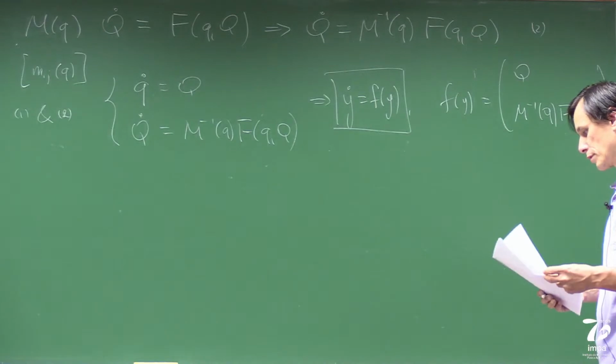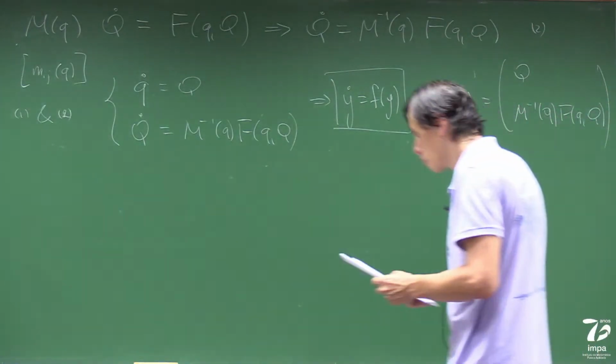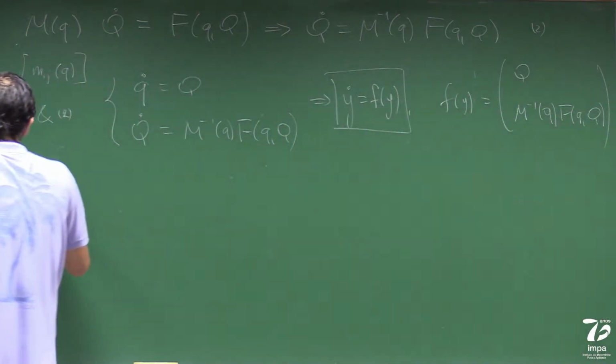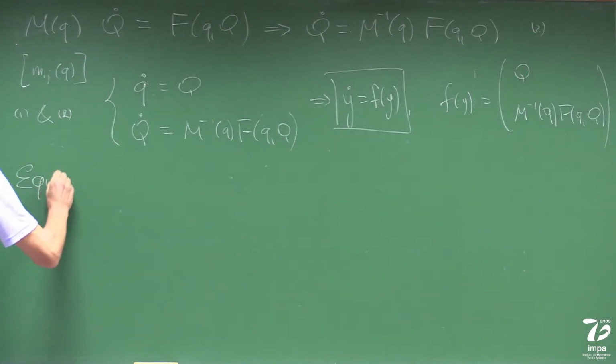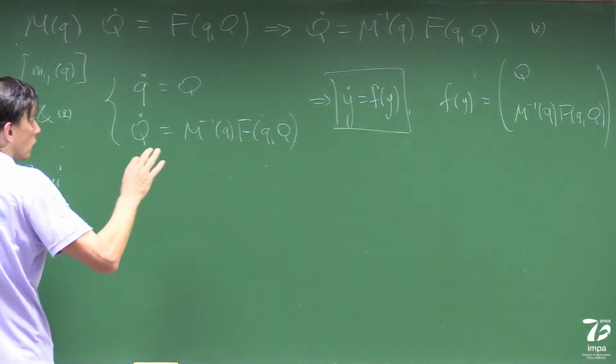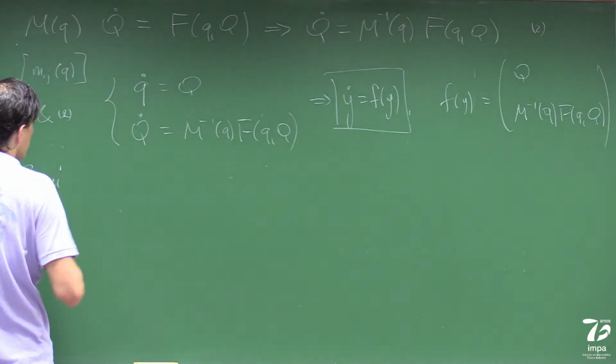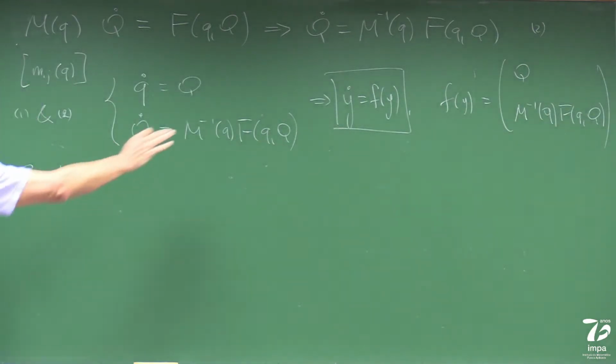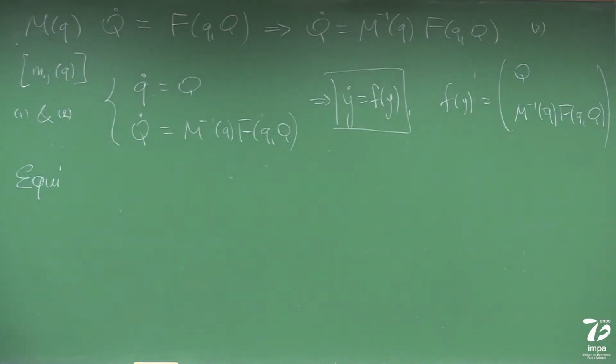Okay, so what do we do with this form? First of all, you can easily see equilibrium conditions. We can write all properties of small oscillations just in this standard form, and this is how the classical theory of ordinary differential equations works.